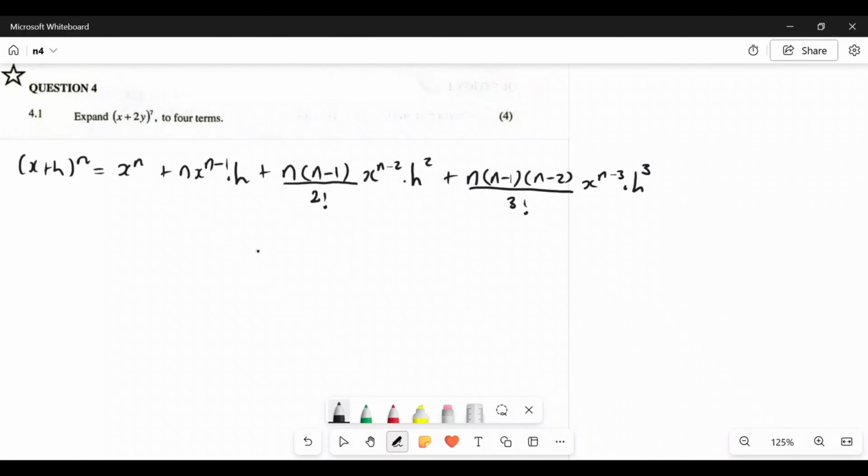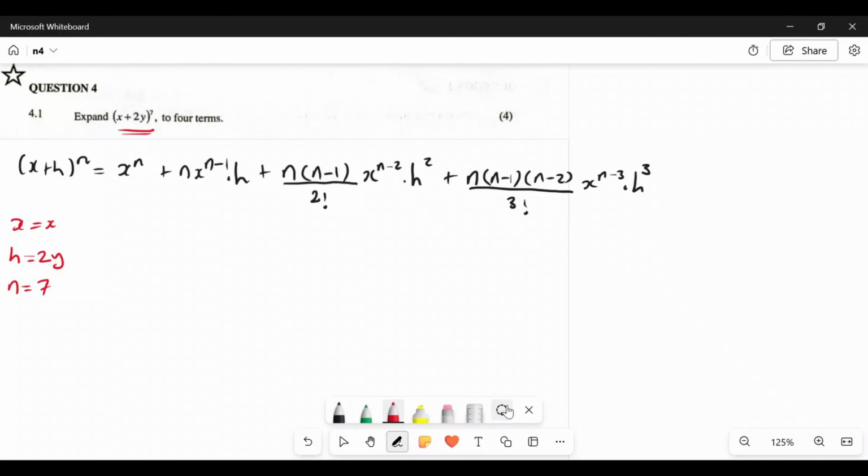So you need to know what is n, what is x, what is h in this case. So you can write underneath here. Let me use a different color. From this equation here, we can write that x is actually x, h is actually 2y, and n is actually 7. And then from there, we start substituting.